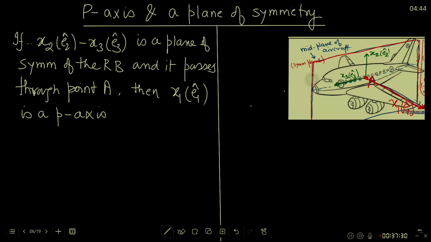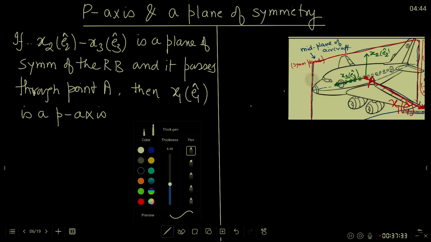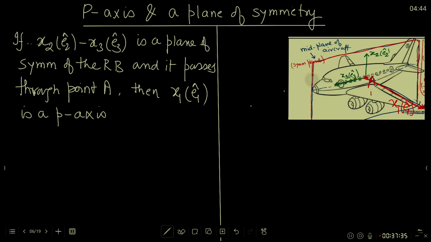Consider a mass dm here, and its coordinates are x1, x2, x3. Refer to which coordinate system? Refer to the coordinate system that I am showing, x1e1, x2e2, x3e3 with A as the origin.